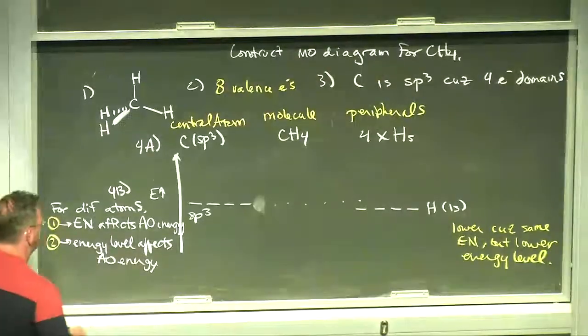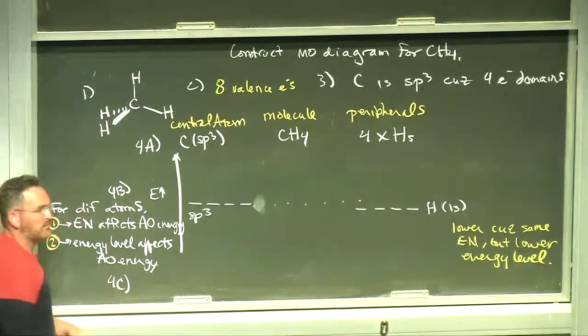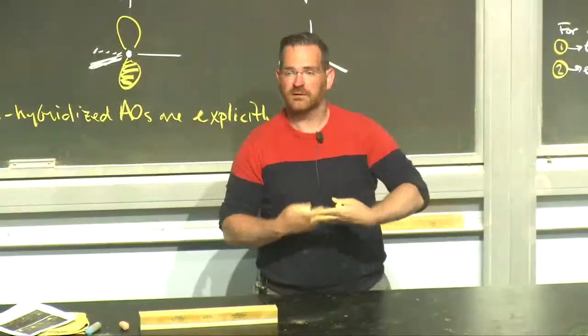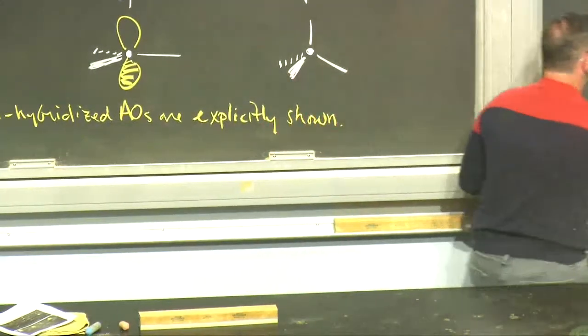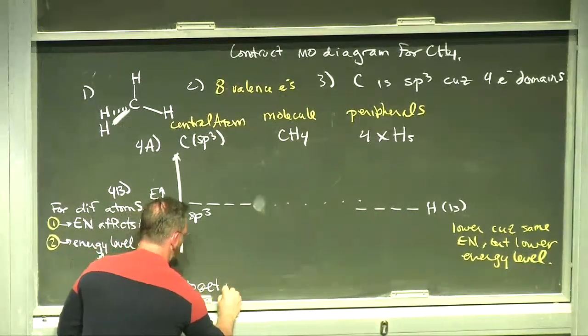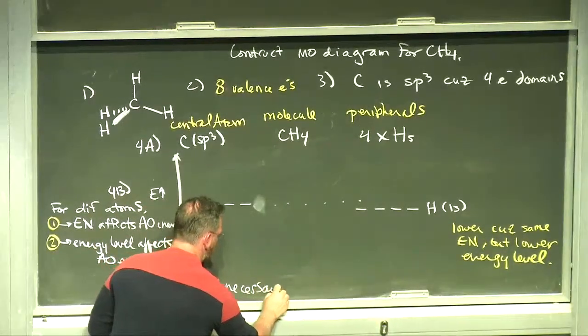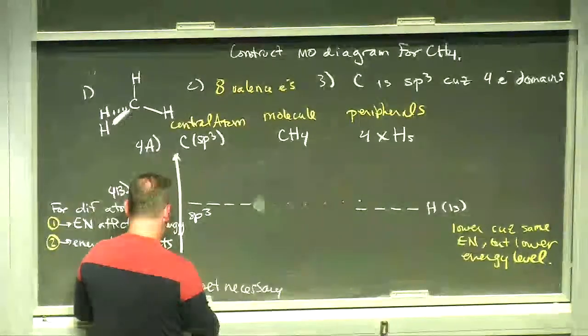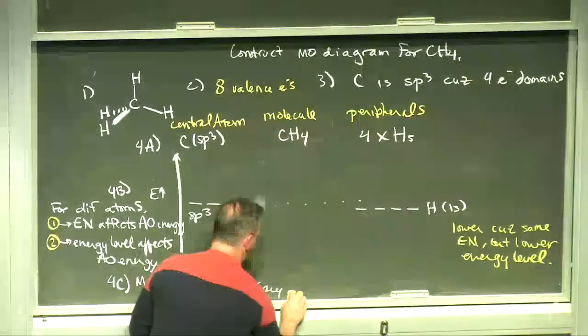And then 4C. We got to mix. And how are we going to mix them? We need to mix these so that we're putting electron density where the electron domains are. So mix AOs to get your necessary, not an accessory, mix atomic orbitals to get necessary electron domains.